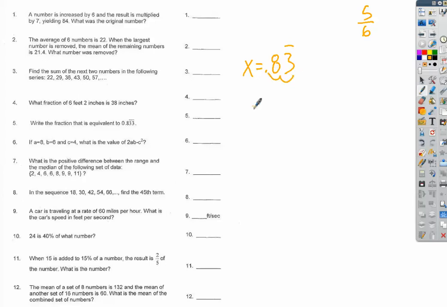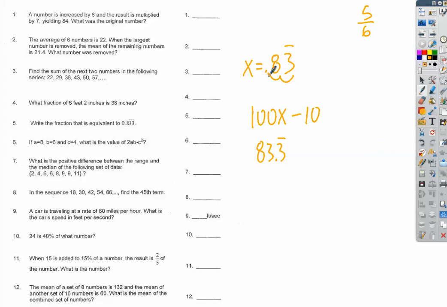I'd move the decimal place over. So 100x, and that would give me 83.3 repeating, right? And then I want to get this decimal place to move over 1 so I could subtract out the repeating decimal.